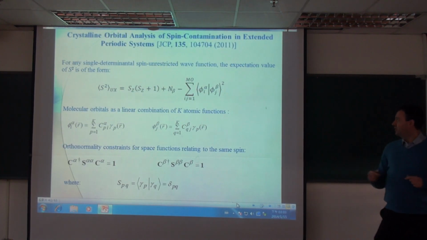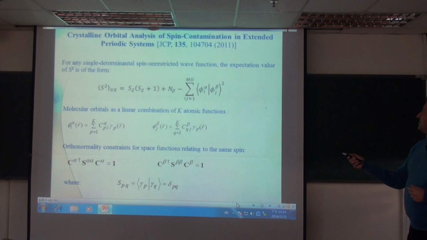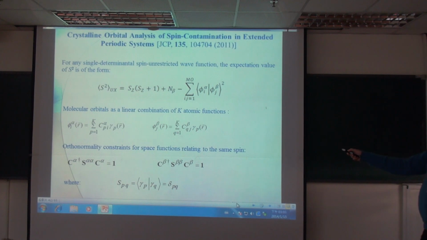Thus, it is known from the literature that for any single determinantal spin unrestricted wave function, the expectation value of the S square operator is of this form. Sz is the Z component of the spin momentum, and Nbeta is the number of electrons of spin beta, and then we have to make this summation here over the square of the overlap between spin alpha and spin beta molecular orbitals.